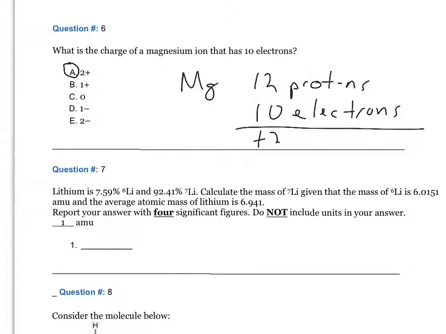Do not include units in your answer. The answer is 7.017. That would be the mass of a lithium-7 isotope.